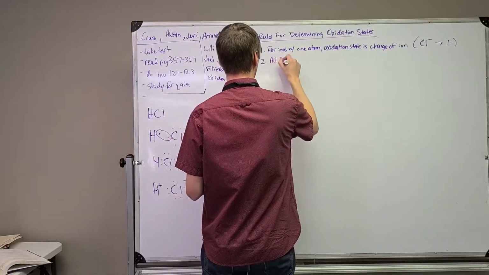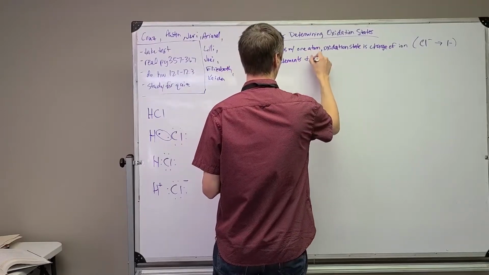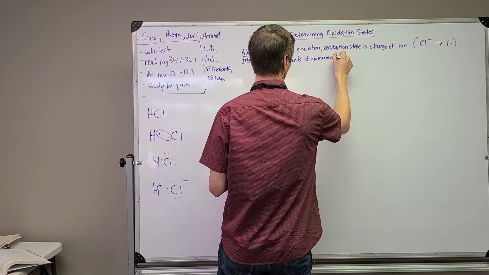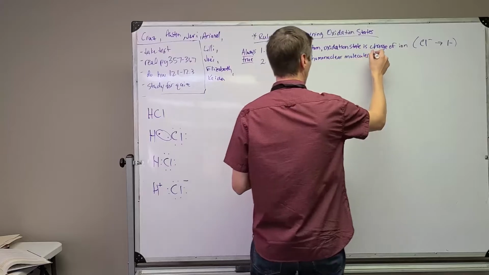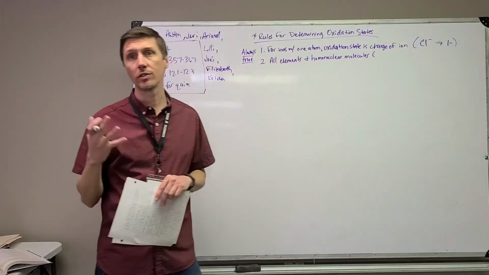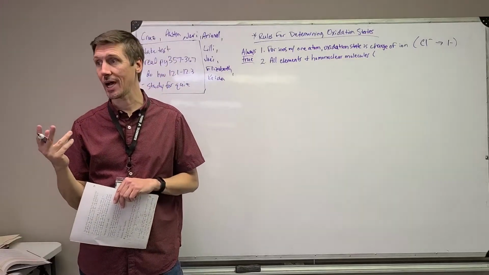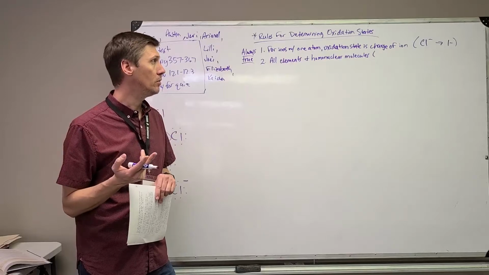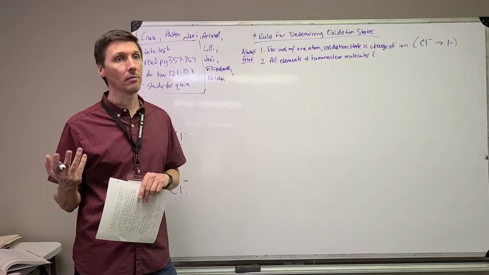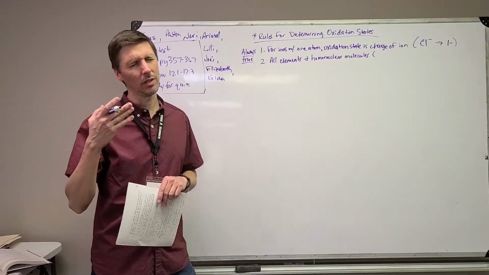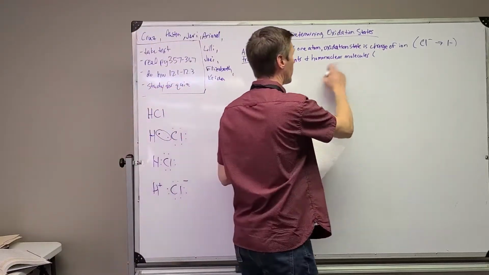Rule 2: all elements and homonuclear molecules. We've learned 7 homonuclear diatomics. That's molecules that always appear in pairs; that's what the di in diatomic means, 2. But some molecules appear in more than just pairs. You may have 8 of that element. As long as it's a single element, then it's called a homonuclear molecule.